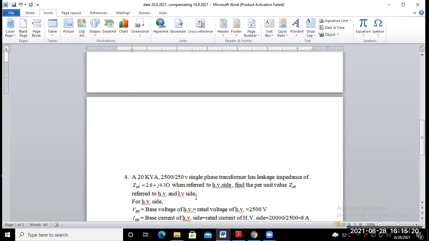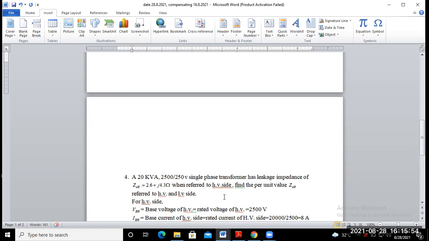Okay. So first of all, we already saw in the previous class how we can transfer the impedance from one side to another side. So concerning your low voltage side and high voltage side, we first solve for the high voltage side, since the impedance is already given on the high voltage side.